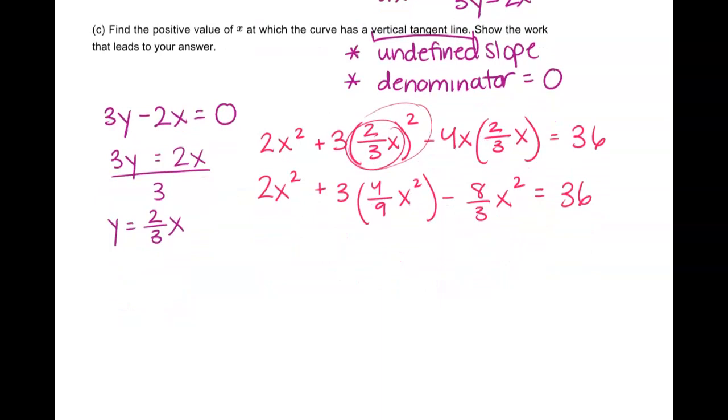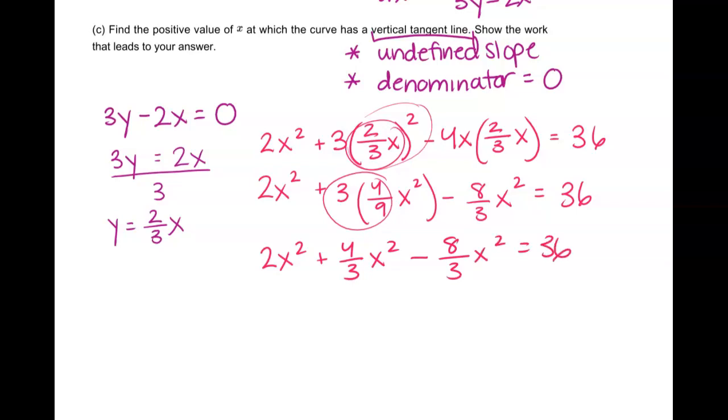We'll keep simplifying. 2x squared plus, this right here turns into 12 over 9, which is the same as 4/3 x squared, minus 8/3 x squared equals 36.